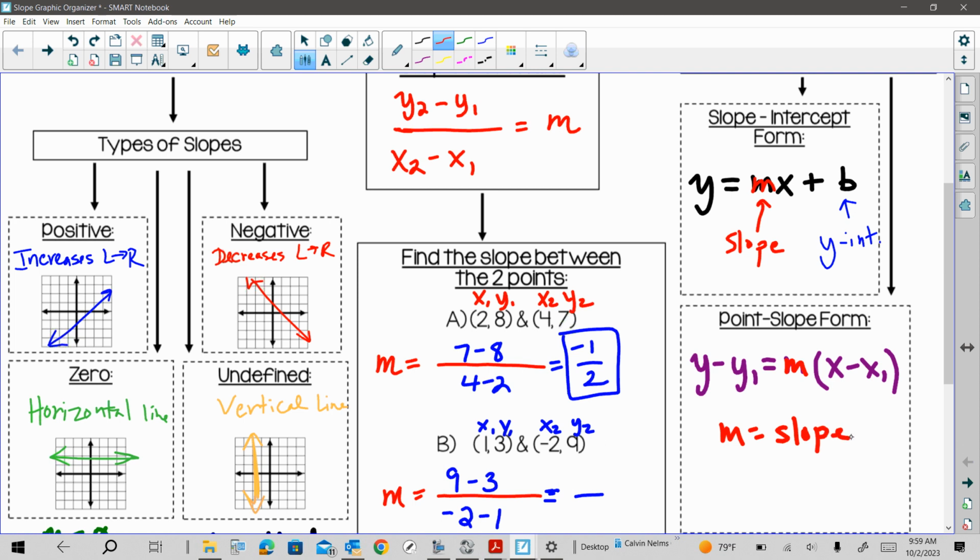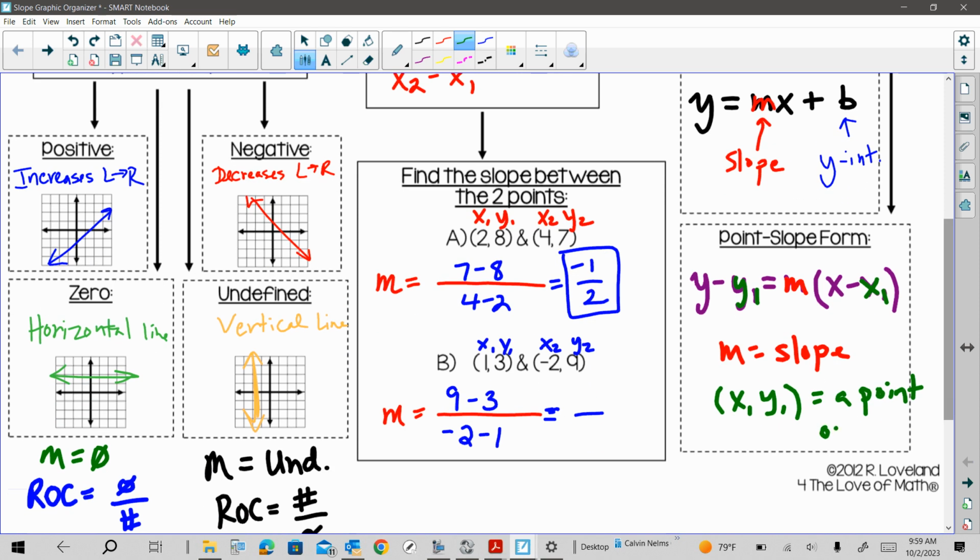We use point slope form because our y1 and our x1 are in front of the equal sign and inside the parentheses, so your x1 and y1 represent a point on the line.